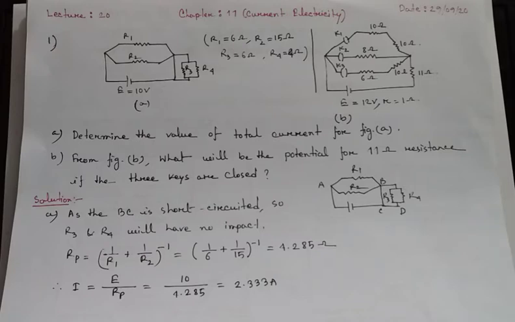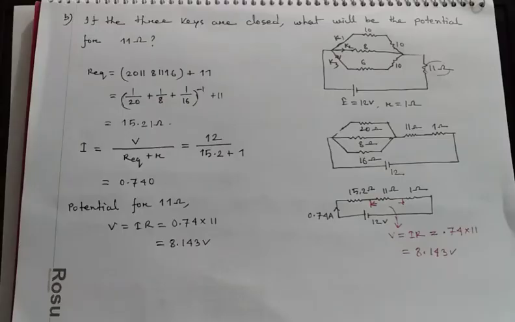So these points should be clear to us, and we will be very careful while doing any circuit type math. So boys, this is the solution of the first question. Next, move to the second question from figure B. What will be the potential for the 11 ohm resistance if the three keys are closed?